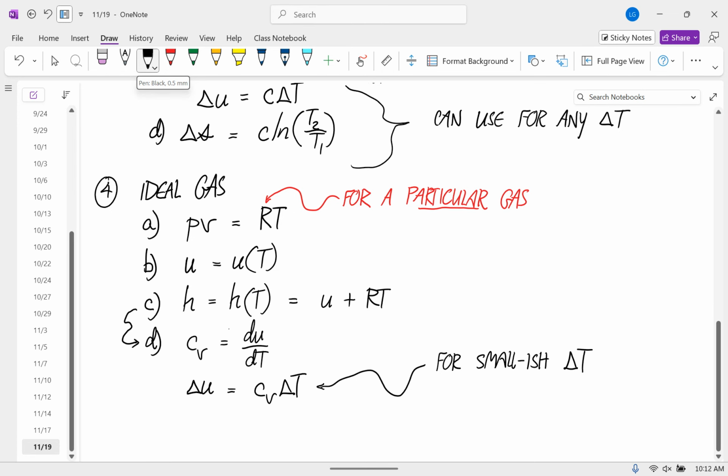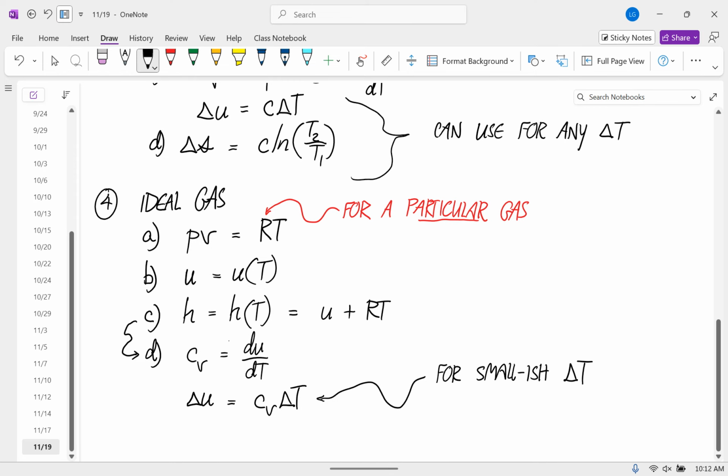Instead of being just that specific heat C, it's the specific heat Cv. Otherwise, it looks the same, but this one is going to get less accurate as that temperature range gets bigger.